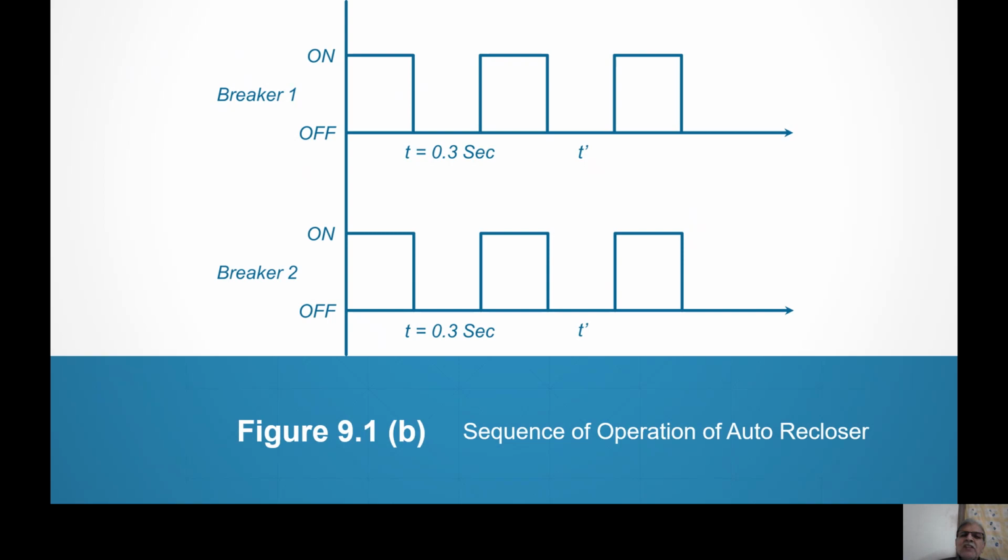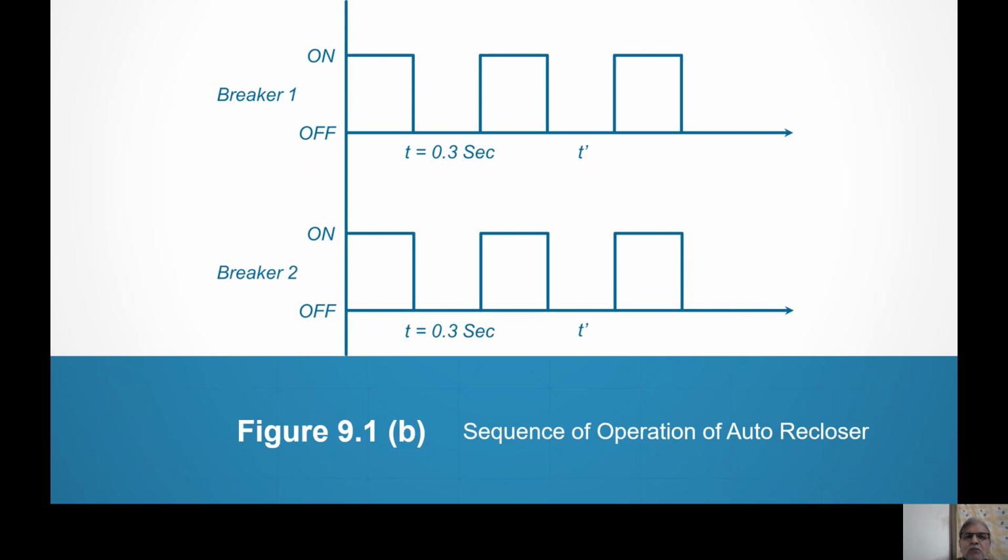The statistics say that after the first shot, the probability of the fault having self-healed is some 93% or so. After the second shot, it is hardly 6% or 5% or so. After the third shot, if at all you go, then it is hardly 1% or so.